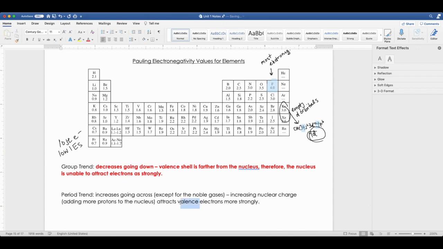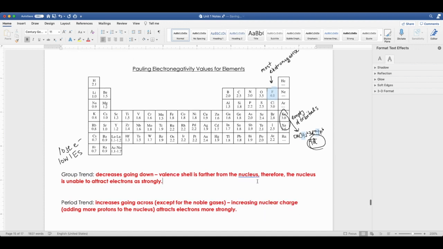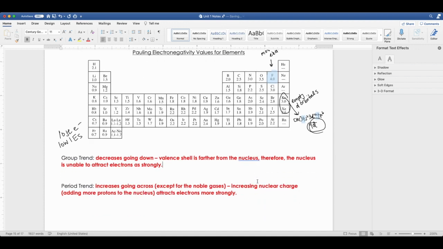We'll say it just attracts any electrons more strongly. And those are our trends for electronegativity. What I would just recognize is the fact that fluorine is the most electronegative. As you start to get farther away from fluorine, the less electronegative they are.